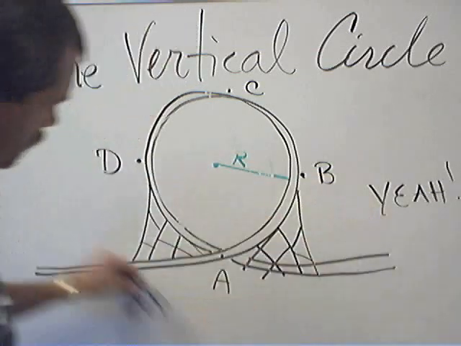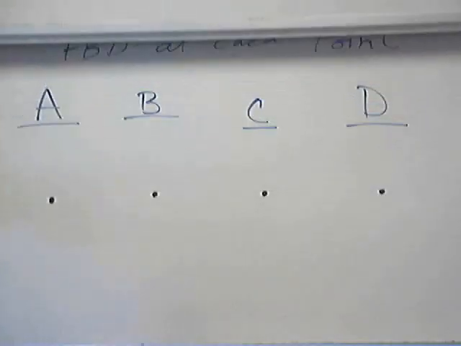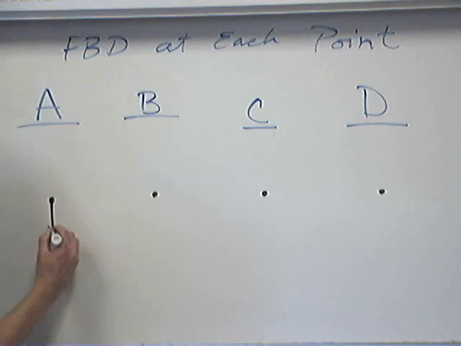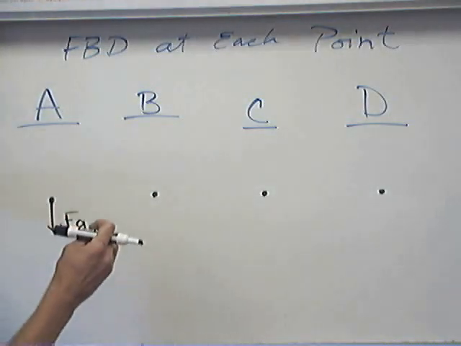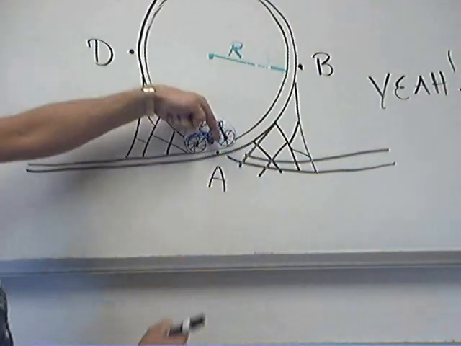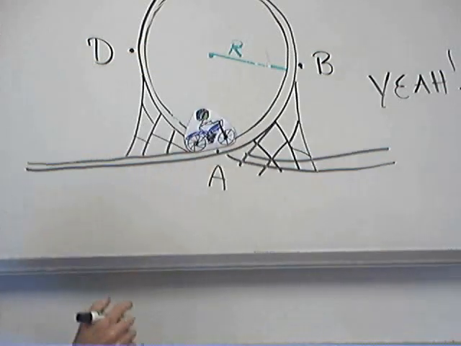So now, when we're here at part A, I'm beginning to go into the circle. The free body diagram at point A, I have gravity pulling down on me. Gravity's always pulling down on me. So gravity's pulling down. The normal force from the track is pushing me up.